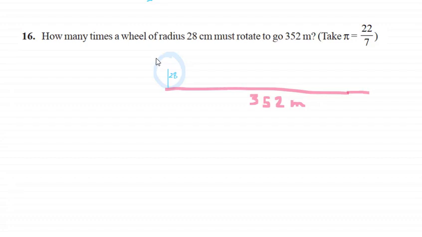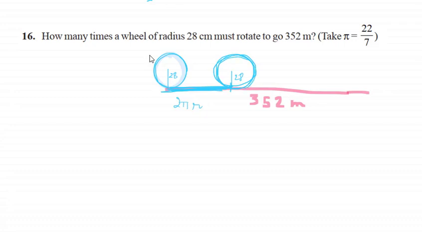Okay, now see what will happen when this wheel will rotate. While taking one round, how much distance will it cover? This distance will be the same as the circumference, because the boundary will cover. This circle will rotate, and when the same position comes again, this whole distance will be equal to this circumference.